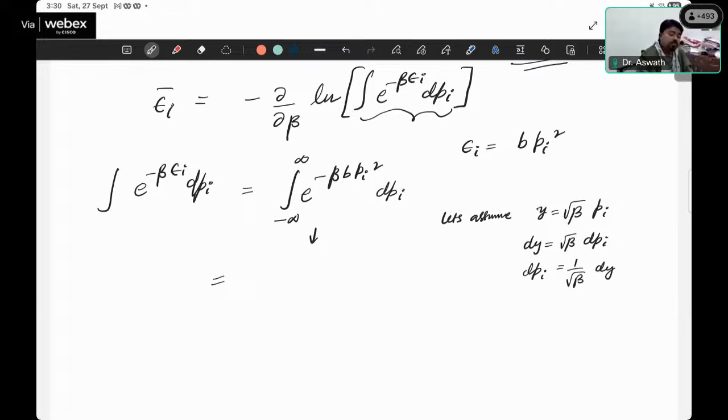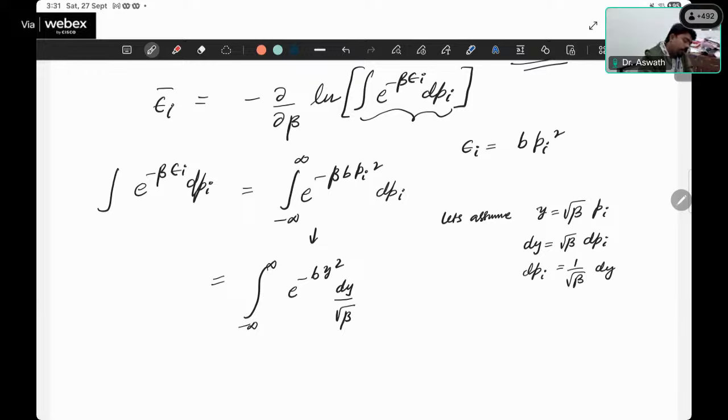I'm just scaling with the square root of beta. So I can keep the same limits: the integral of exponential minus beta y squared, dy by square root of beta.